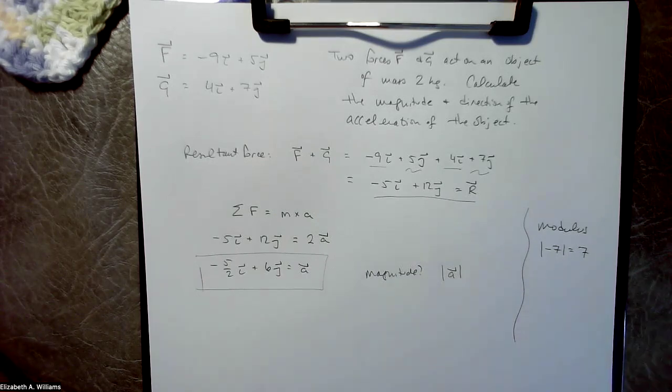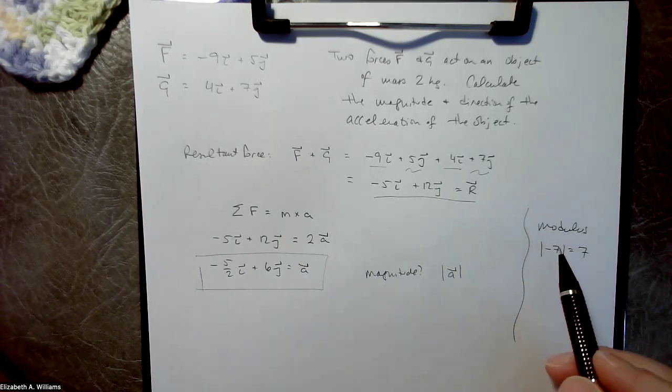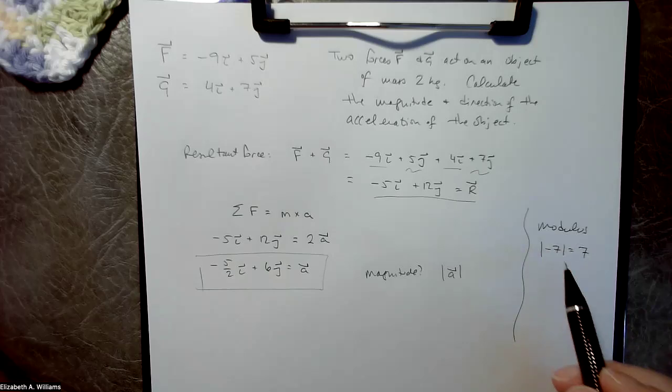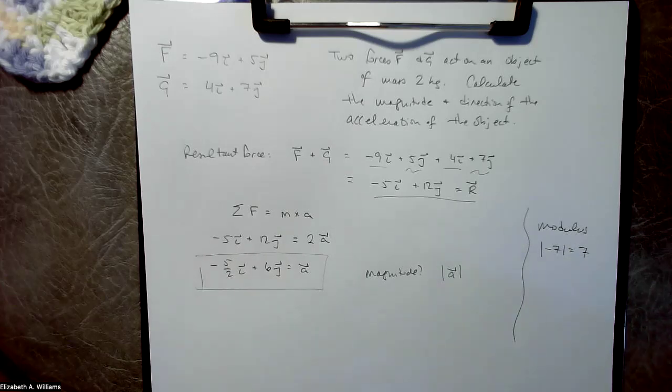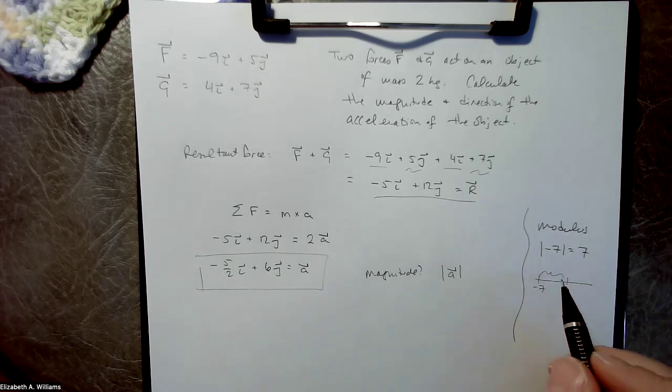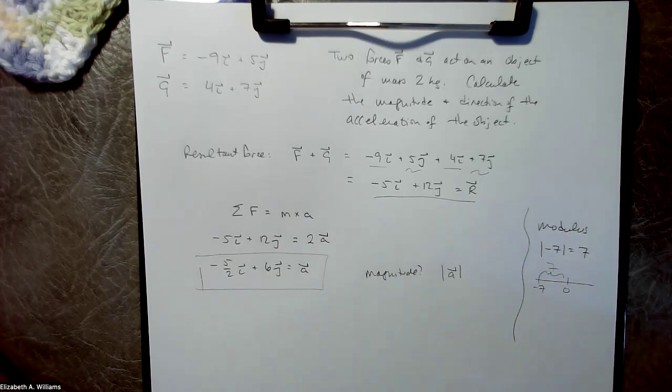That's a correct thing to say, but a more complete thing to say would be modulus means take the magnitude. And the magnitude is how big. I don't care about direction. So -7 on the number line is 7 units away from 0. So the magnitude of this number is just 7.